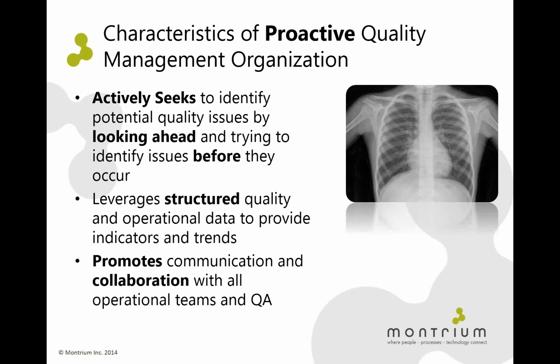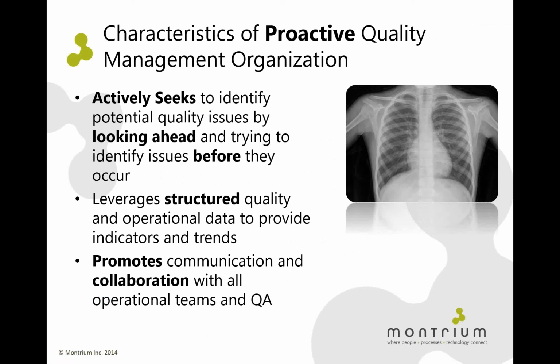The characteristics of a proactive quality management organization, and obviously we have an X-ray here, which is a good sort of image of what that really is. It's being able to see beyond the surface. This type of organization actively seeks to identify the potential quality issues by trying to look ahead and trying to identify those issues before they occur.